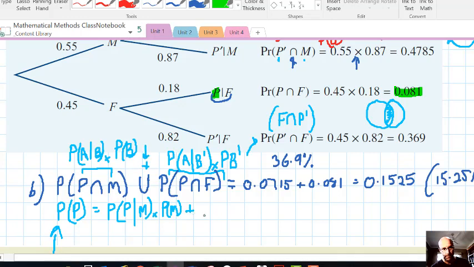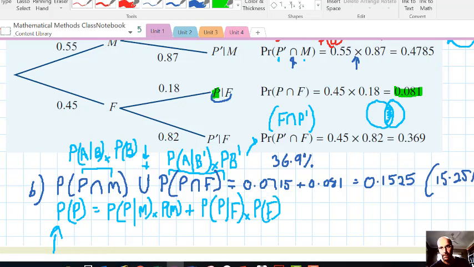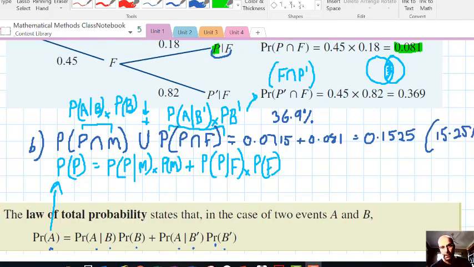We just said that, and added to that would be the probability of the preference for maths given not B, so in other words not male, which is where the female comes from, times by the probability of being a female. Okay, so what I've just done is justify where the rule comes from based on our little investigation with that activity up there.